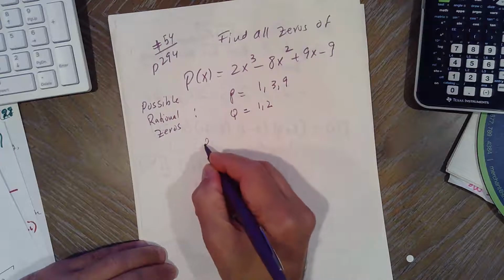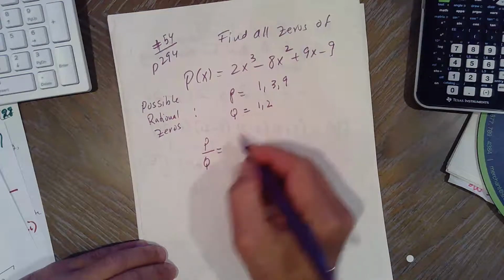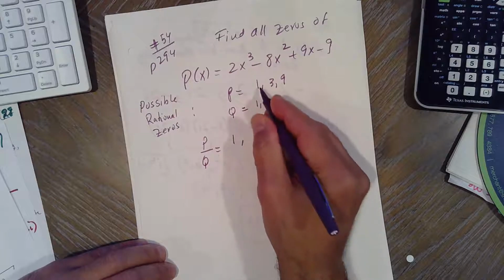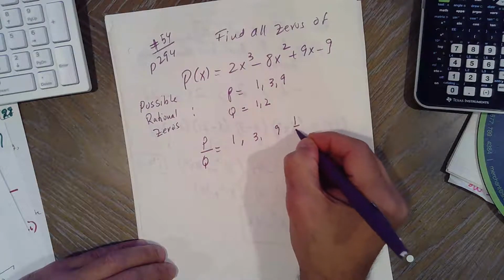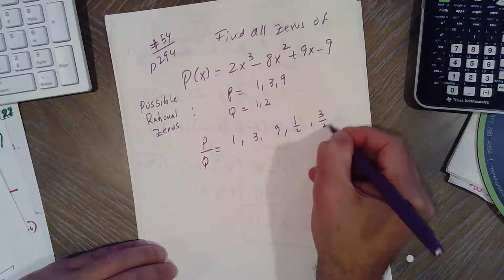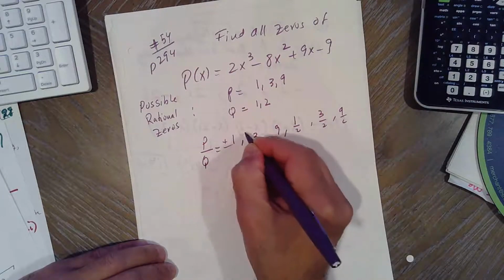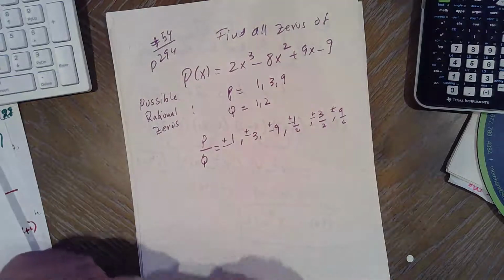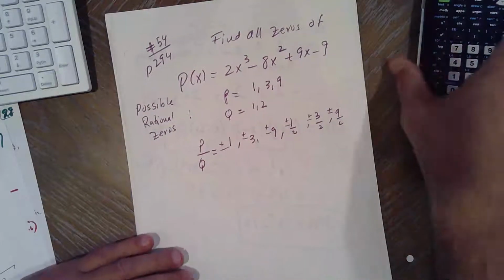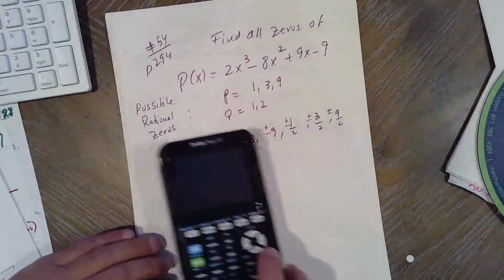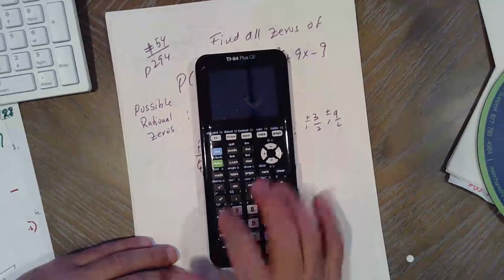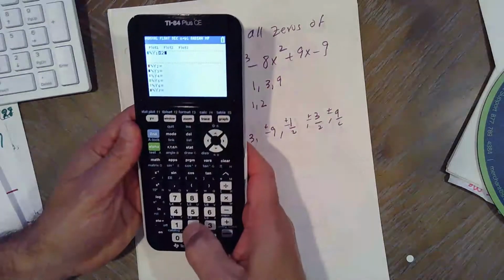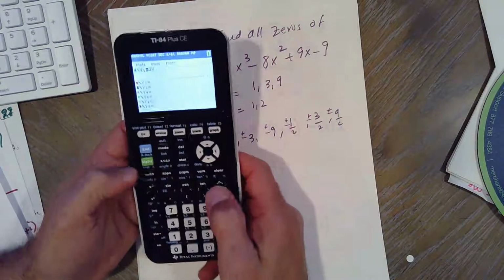And then we list p over q with a plus or minus: 1, 3, 9, and then 1 over 2, 3 over 2, 9 over 2, and it could be negative, okay? And then with the help of the calculator, we can narrow down our options so we can see which one we should try in synthetic division.